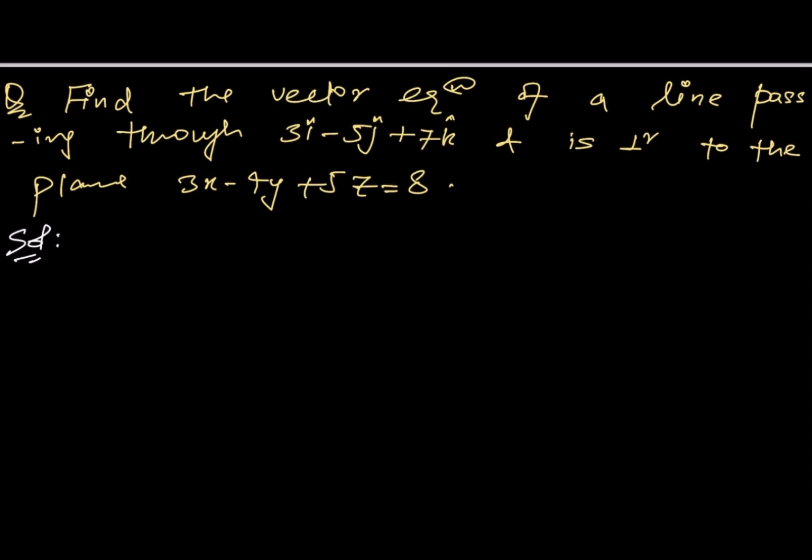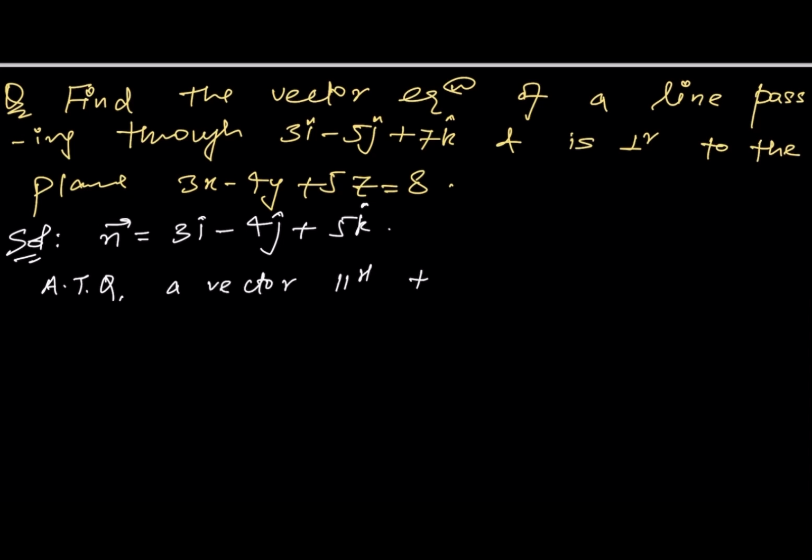And as we know, a normal vector perpendicular to the plane we can see clearly from the equation of the plane. So in this case, the normal vector is nothing but 3i cap minus 4j cap plus 5k cap. Okay, so here also, according to the question, a vector parallel to the line is the n vector, right?